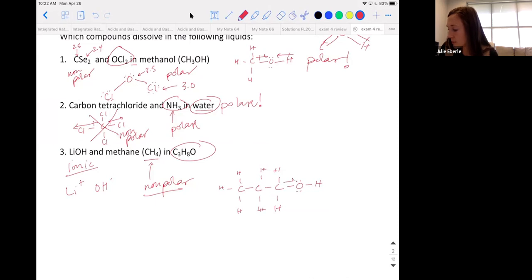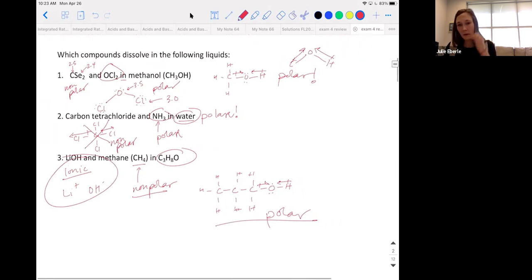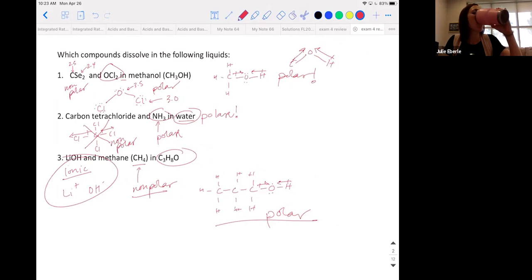We will have dipoles right here, and they don't cancel because they're pointing the same direction. So polar, so LiOH, that one will dissolve. Ionic and polar solutes dissolve in polar solvents. Okay, questions on that one?